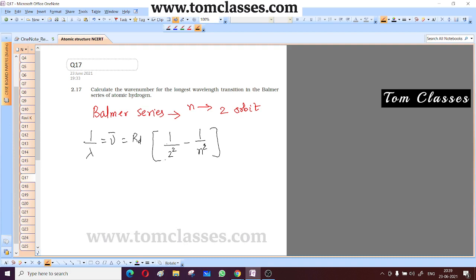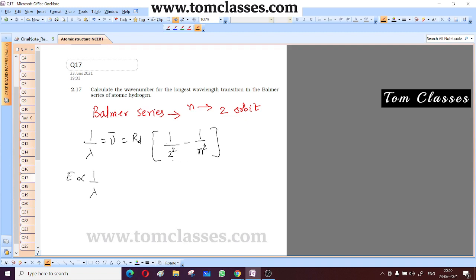To calculate the wave number for the longest wavelength, see, this particular expression is associated with the energy, and energy is inversely proportional to the wavelength. So this means that this difference has to be as minimum as possible.